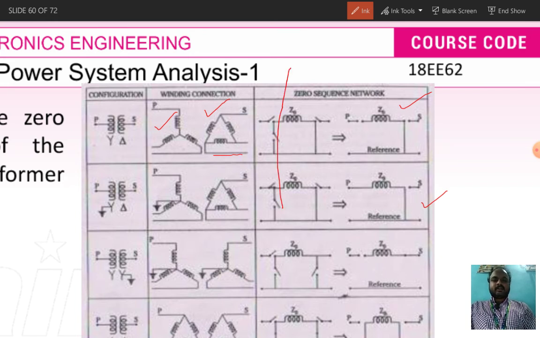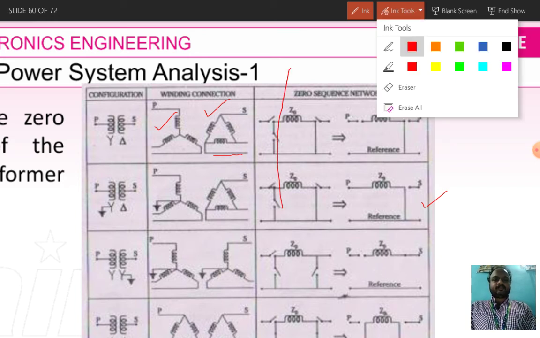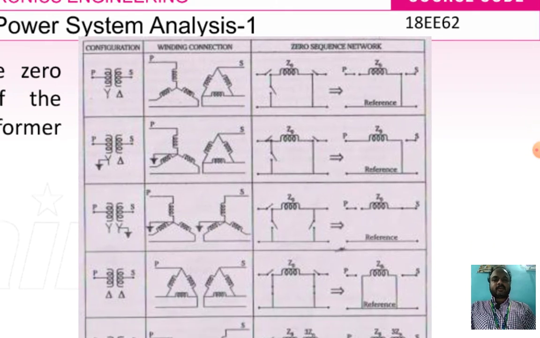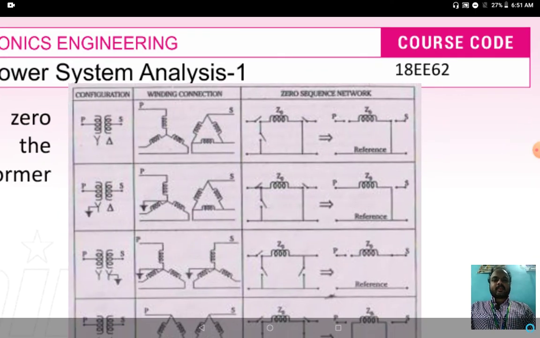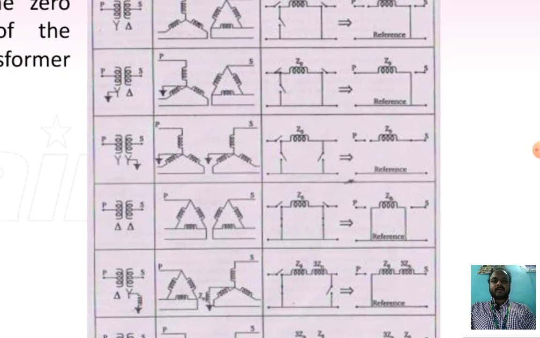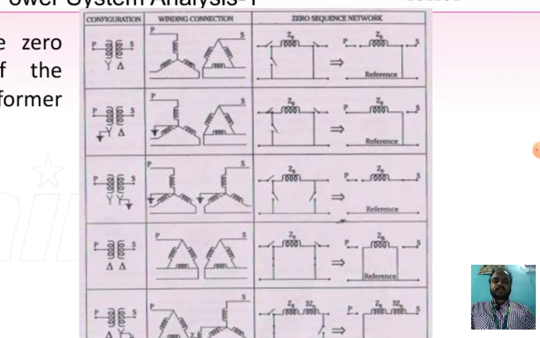The third one is both star connected, one not grounded and the other grounded. We have series switch and shunt switch. Shunt switch closed means delta should be there, so we should not have a delta connection here.